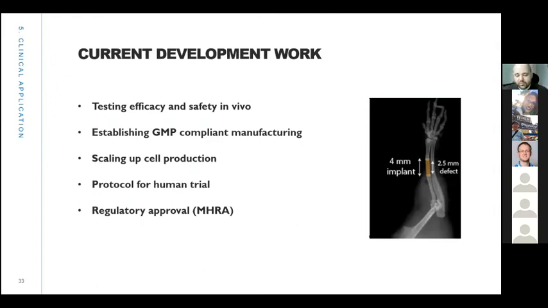At the moment, we've been very focused on collecting safety data and efficacy data with these stem cells, getting the manufacturing up and running with Histocell. It's a non-trivial task to take an academic technology into a GMP environment.